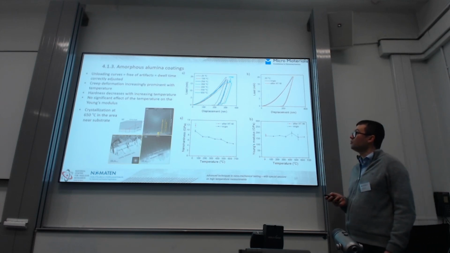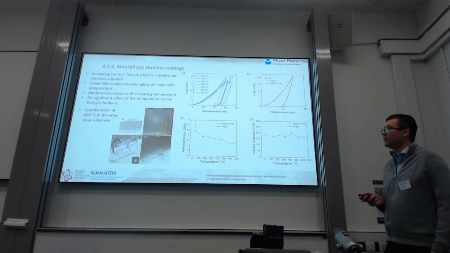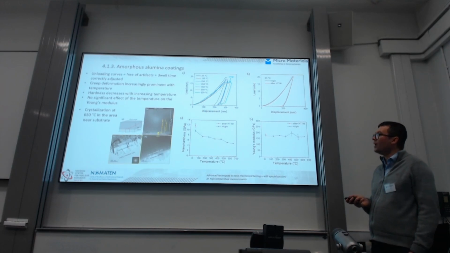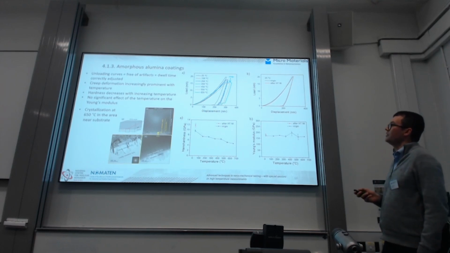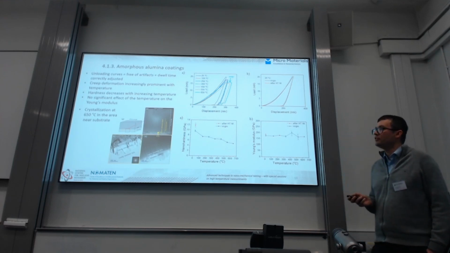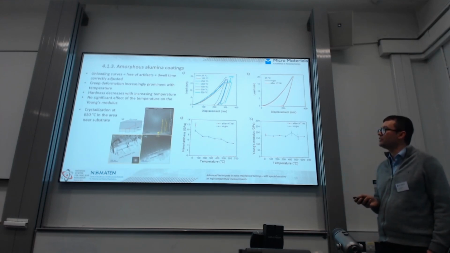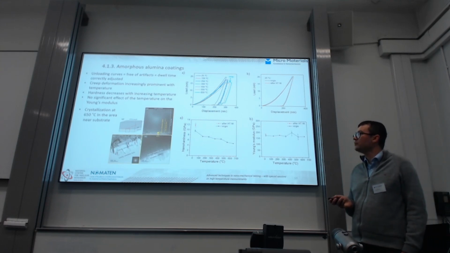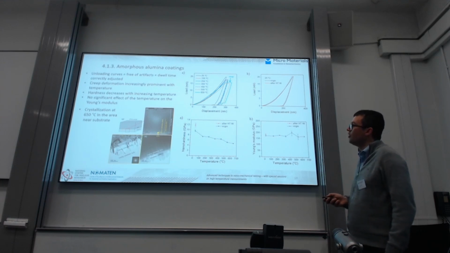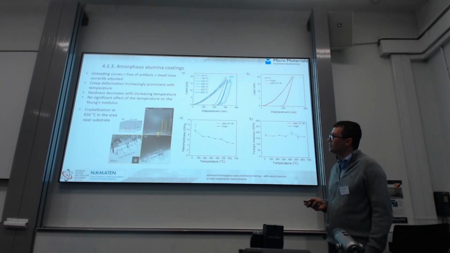And what is also important is that we perform a lot of microscopic observation after testing. In this case we prepared an amorphous alumina coating, and after nanoindentation at 650 degrees C we prepared a FIB lamella, and on TEM we observed that near the substrate, the stainless steel, there was some crystallization of these alumina thin films.